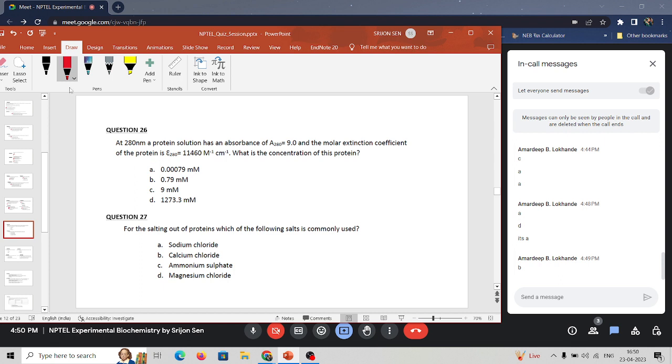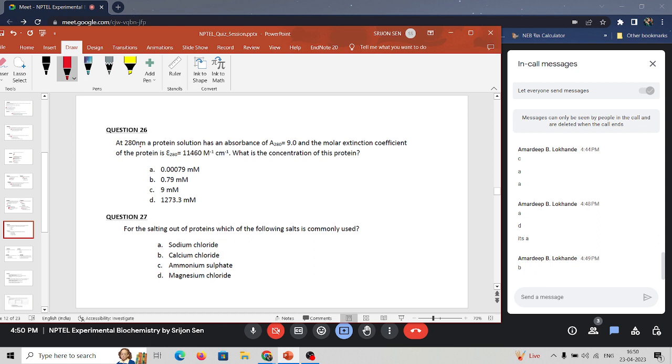Next, what it says, at 280 nanometer, protein solution has an absorbance of 9 and a molar extinction coefficient of this. What is the concentration of the protein? So this is also you can do it.